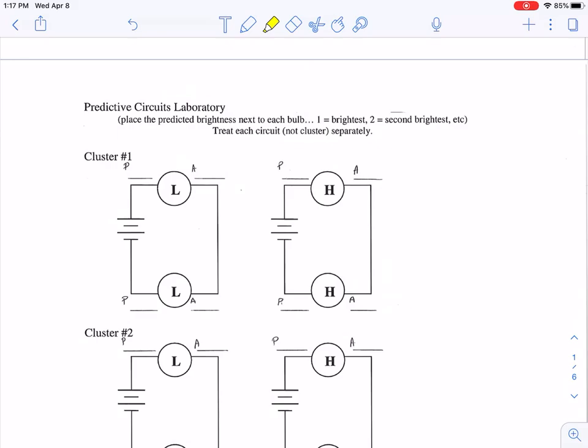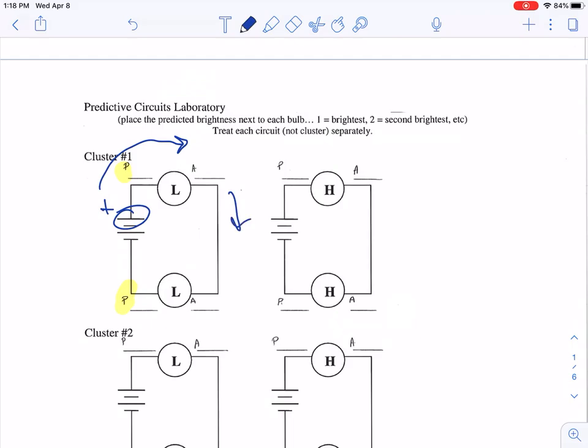The idea is that you're going to predict what's going to happen to the brightness of these bulbs. Now, let's make sure everybody's cool. This is the positive terminal of the battery, the one with the bigger slash mark, and we're going to assume that the current is going in the conventional sense from the positive around to the negative. So this current's going to be flowing around like this.